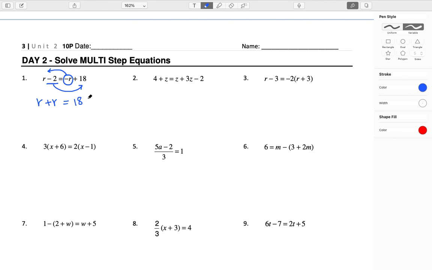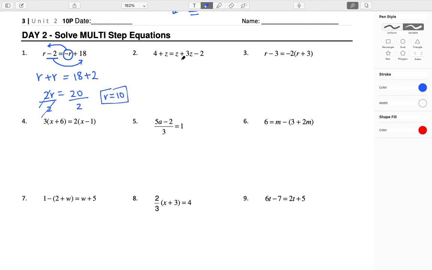And -2 will finally become +2. Now keep in mind, every time you move things across the equal sign, you switch the sign. It becomes opposite. So r and r becomes 2r equals 20. Whatever is in front of a variable, we divide completely by that number, which is 2. So r is equal to 10.